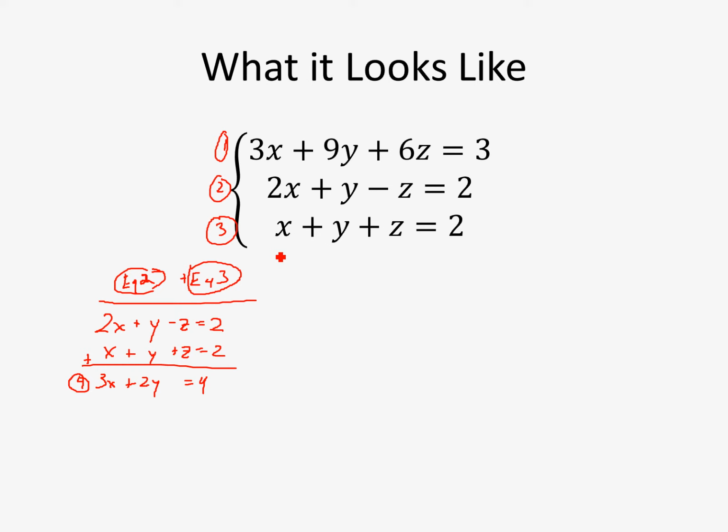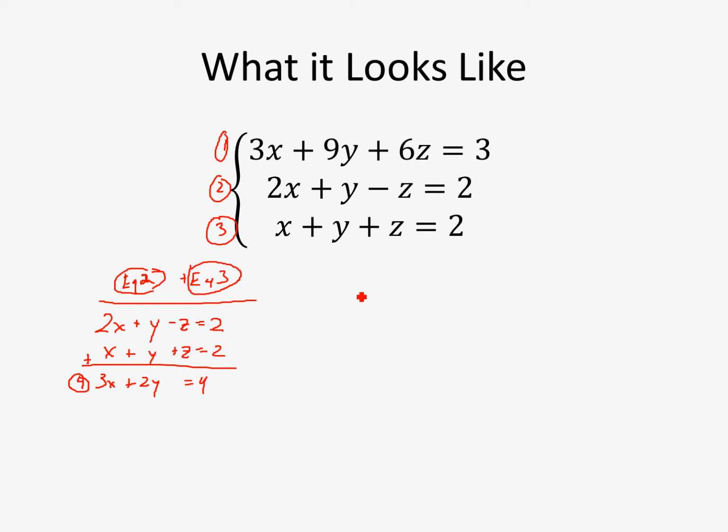So I'm going to have to pick 1 and 3 or 1 and 2. Once I pick those, I have to eliminate z again. The same thing that I eliminated, I have to eliminate again. If I had chosen to eliminate y, that would have been fine, but now I would have to eliminate y again. So you have to stick with it.